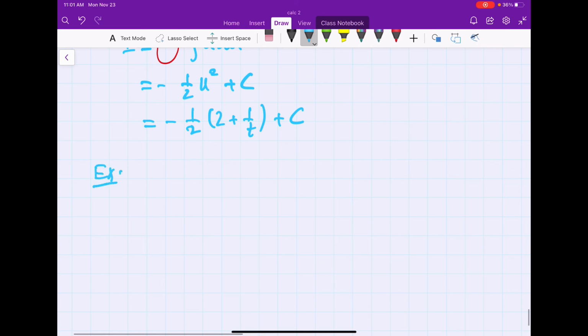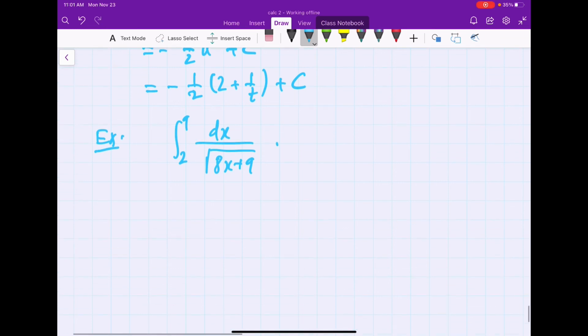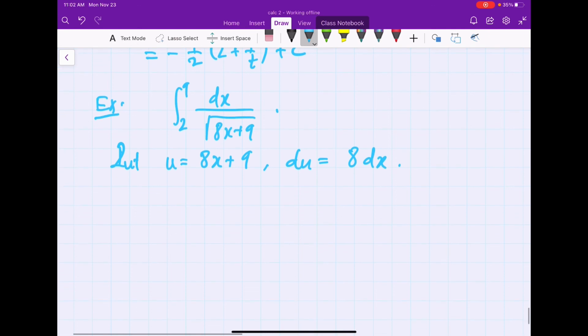Let's do one more example with a definite integral with substitution. We have dx over square root of 8x plus 9. So you might put u equal to 8x plus 9. From here you get du is 8 dx. You might change the integration limits from here.